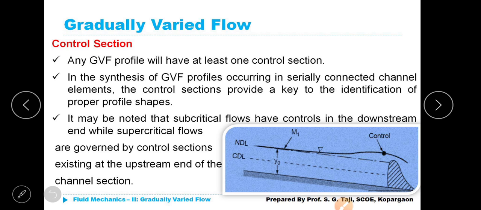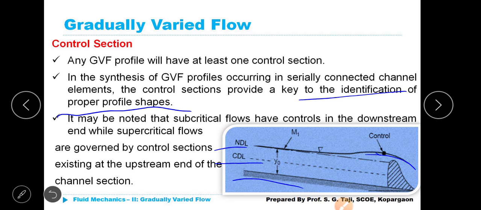In the synthesis of GVF profiles, which is shown in the figure, you can understand the control section by zooming if you want. Here, for example, it shows bed slope, CDL, NDL, mild slope, M1. In serially connected channel elements, the control sections provide a key to the identification of proper profile shapes.